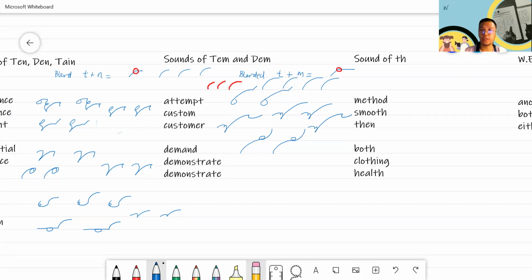So the first curve of this one is the dem symbol. The next opposite direction curve is the end symbol. So that's why the circle is written at the back of the dem symbol, because of the joining principle.